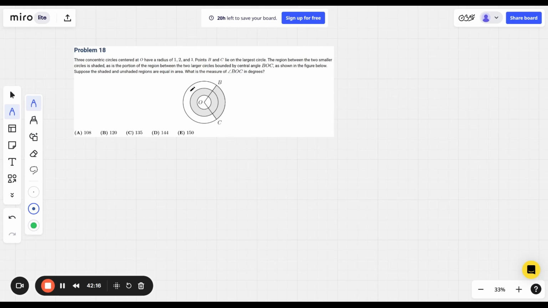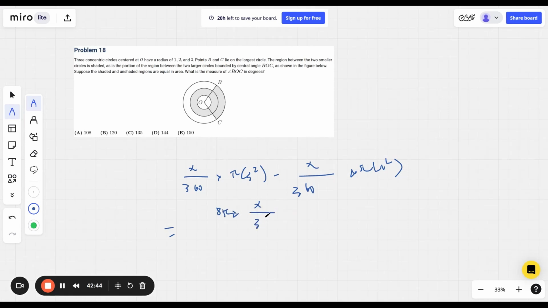And we want to find the measure of BOC. So the measure of BOC in degrees, let's just call it x, right? x over 360 times pi times 3 squared minus x over 360 times pi times 1 squared, which equals 8 pi times x over 360, will be the shaded portion in this region.